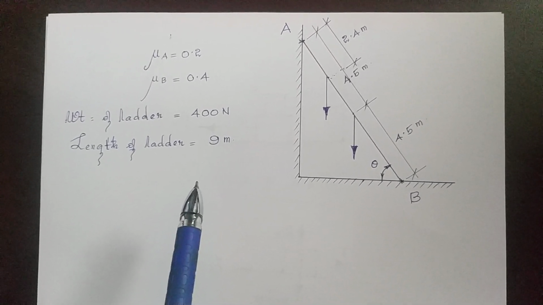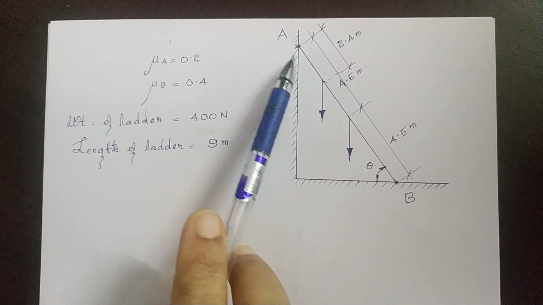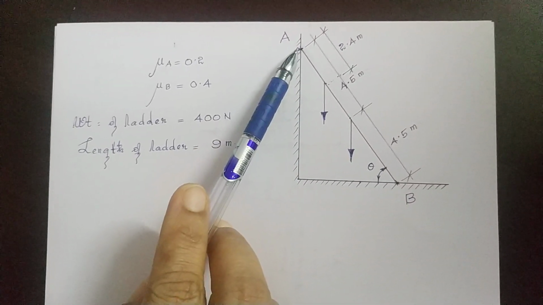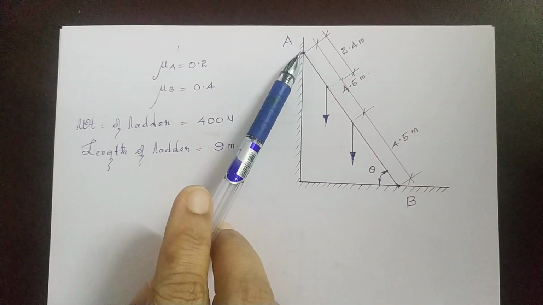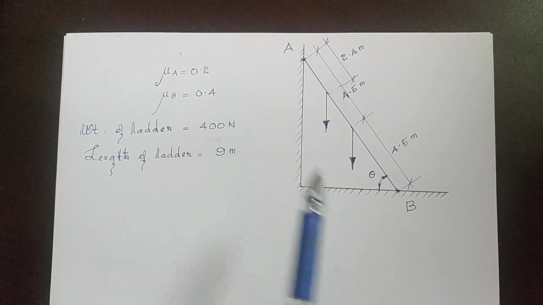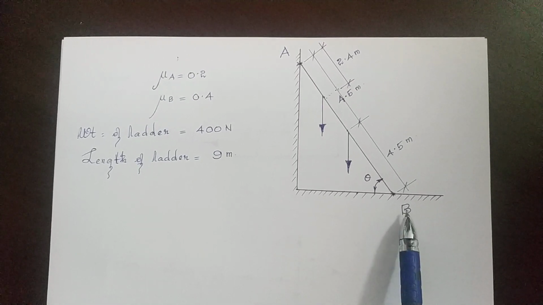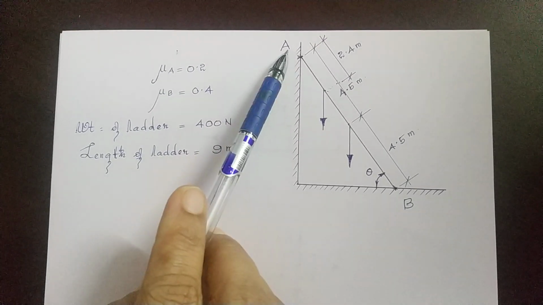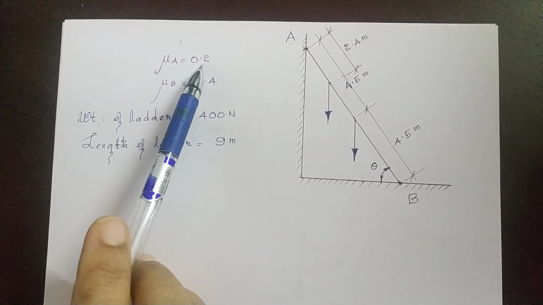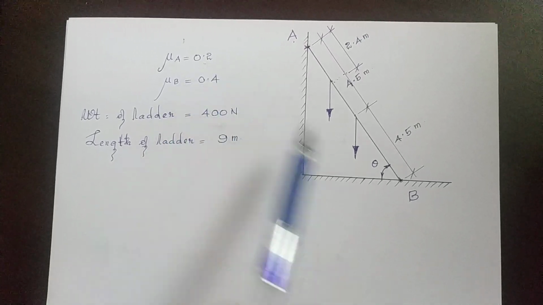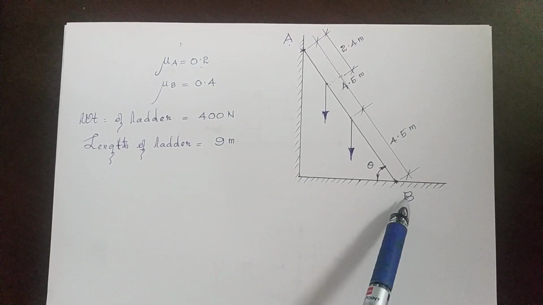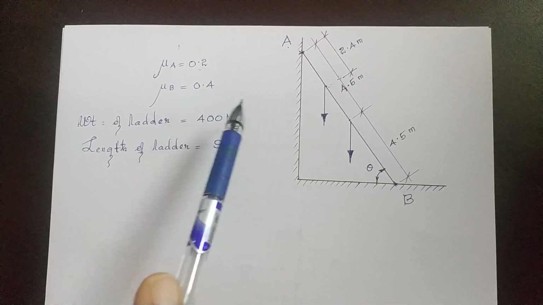is 0.4. Now in the figure, see, the head of the ladder is leaning to a vertical wall at the point A, and the foot of the ladder is resting on the floor at the point B. At the point A, the coefficient of friction is given as 0.2, and at the point B, mu is 0.4.